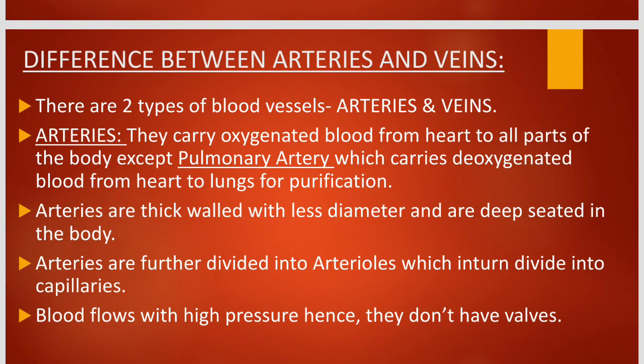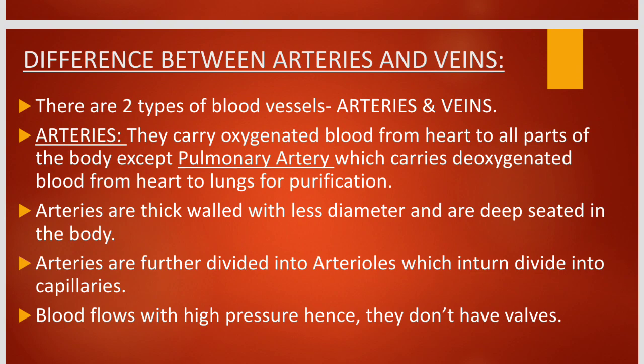In the previous video I told you that there are two types of blood vessels, arteries and veins. Arteries carry pure blood, that is oxygenated blood, from the heart to all parts of the body, except the pulmonary artery, which carries deoxygenated blood from the heart to the lungs for purification.